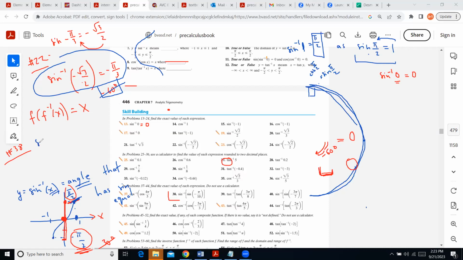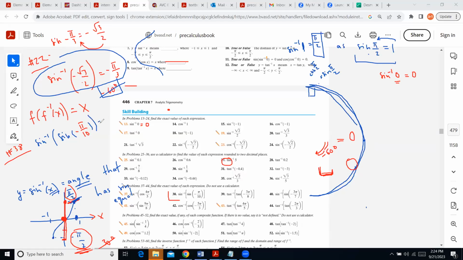So if I apply the inverse function to the sine, or vice versa, then for the case of that negative pi over 10 that we have here, negative pi over 10 will just come out and be your result.